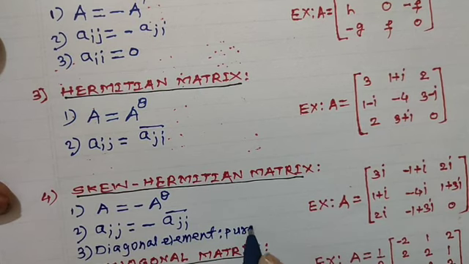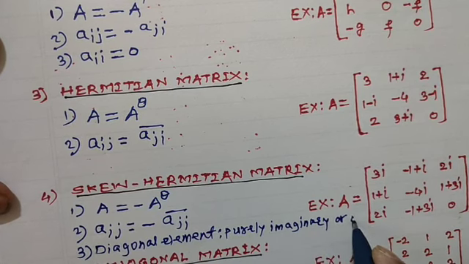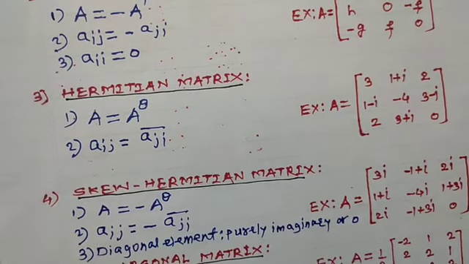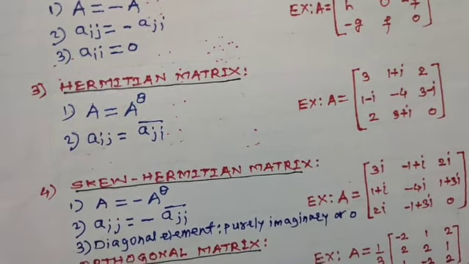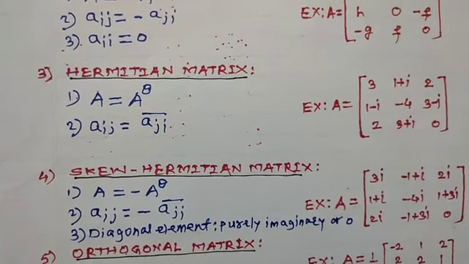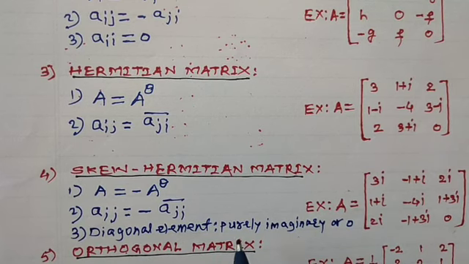Okay, these are the three conditions. In terms of matrix, A is equal to minus A theta. Then in terms of elements, a_ij is equal to minus a_ji bar. And the diagonal elements will be purely imaginary or 0.